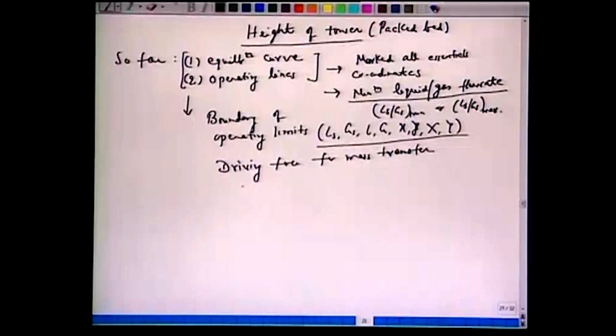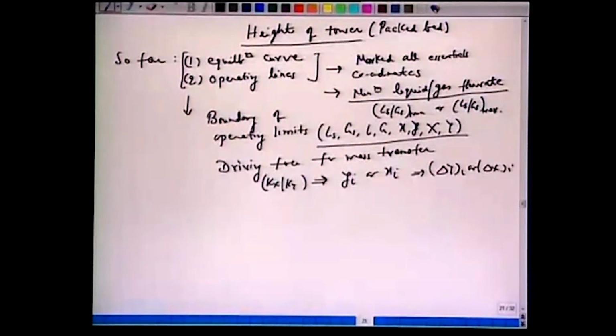Again here you should recall that we have another line which has a slope of kx over ky, which if we take the ratios, will give us yi or xi, and so forth. We can have del y or we can have del xi. So, the driving force for mass transfer is what we get from 1 and 2.